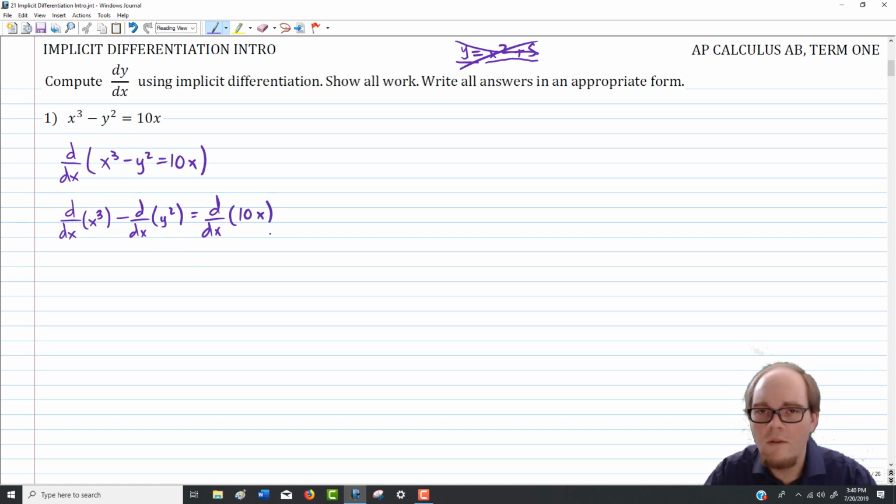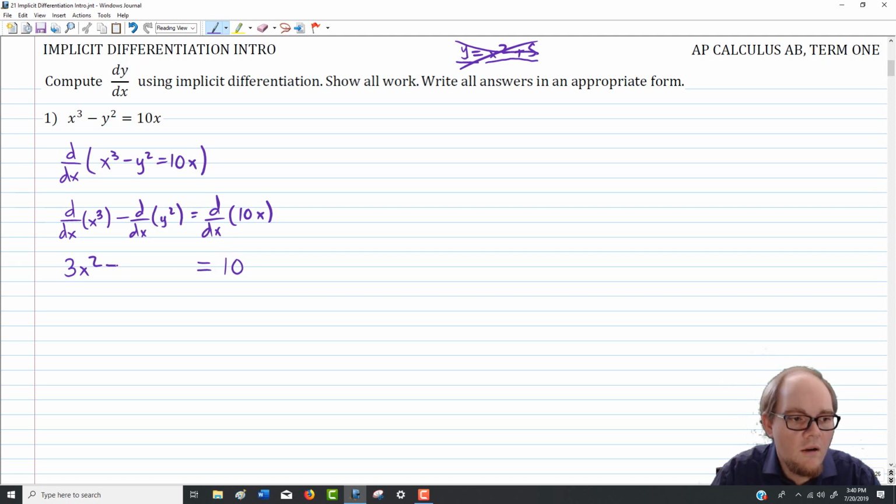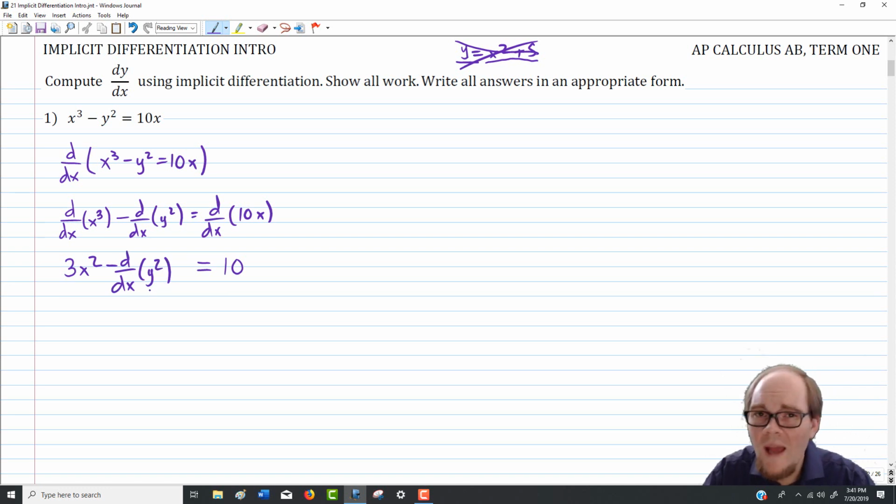Now in computing these derivatives, 2 of the 3 are really simple and don't require any actual work. The derivative of x cubed with respect to x is going to be 3x squared, and the derivative of 10x with respect to x is going to be equal to 10. So 2 of the 3 are there. Our big issue here is that we need to compute the derivative with respect to x of y squared, which has no x in it, which complicates things for sure.